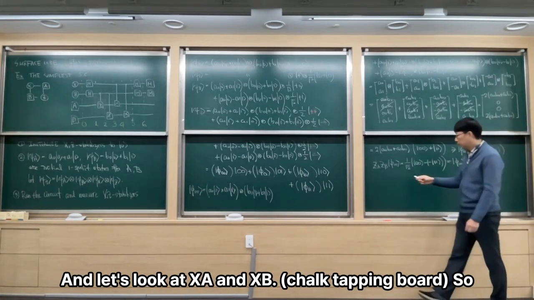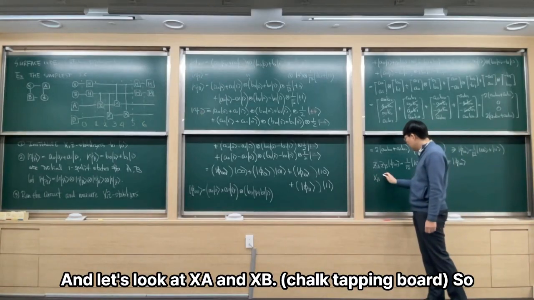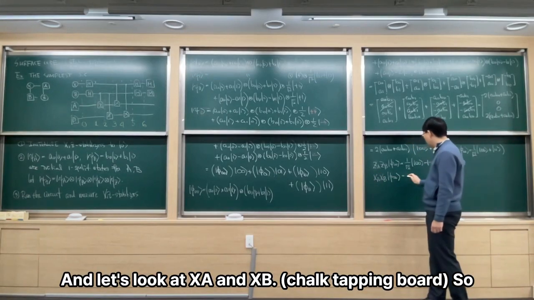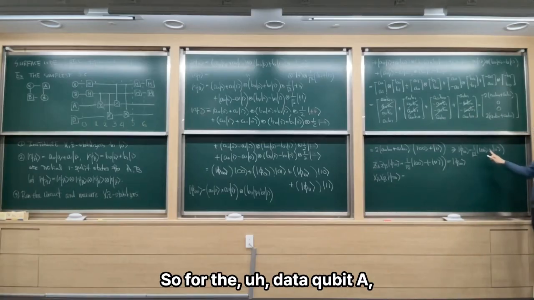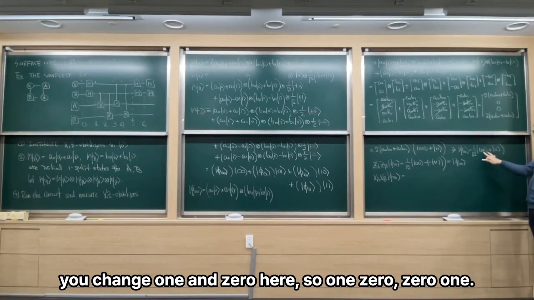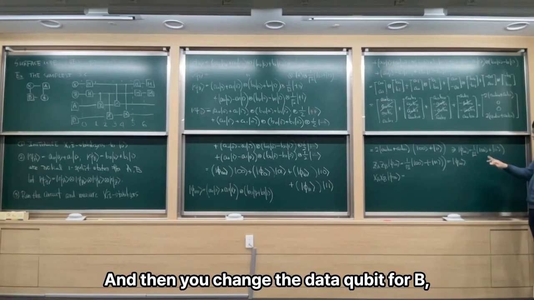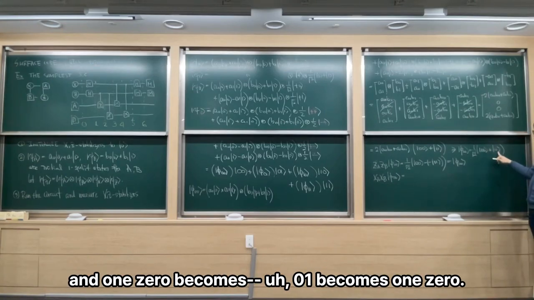And let's look at XA and XB. Now you change 0 and 1 here. For the data qubit A, you change 1, 0 to 0, 1. And then you change the data qubit for B, and 1, 0 becomes 0, 1 and 0, 1 becomes 1, 0.